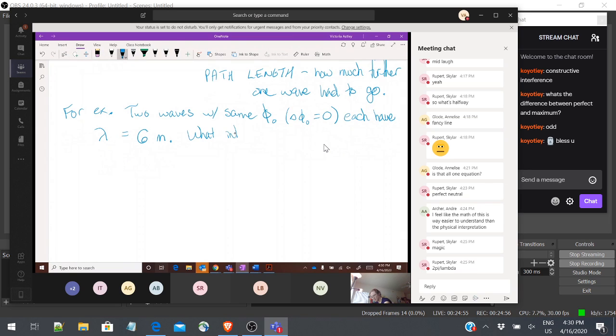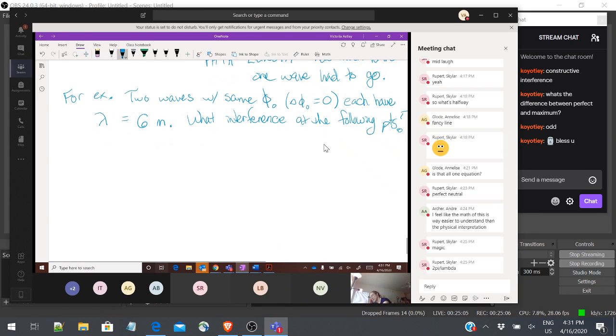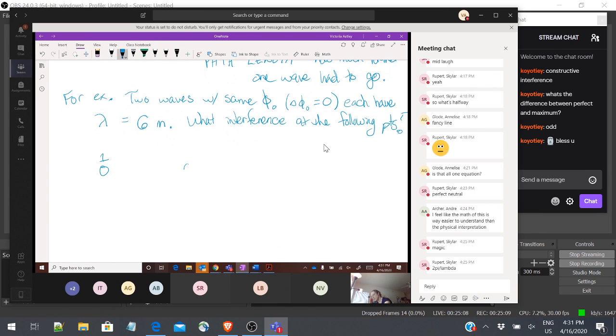What interference at the following points? So let's say I have here's one source, here's my other source. I'm going to call these locations A, B, C. These are just different locations. So A is halfway between.